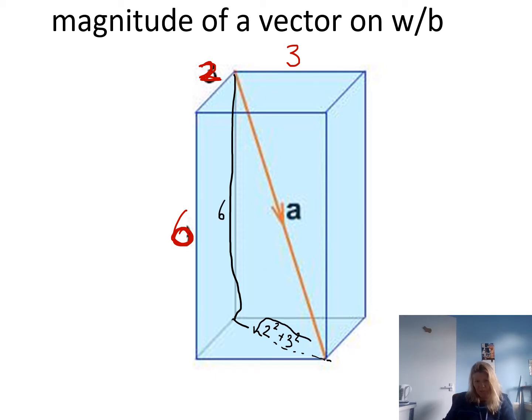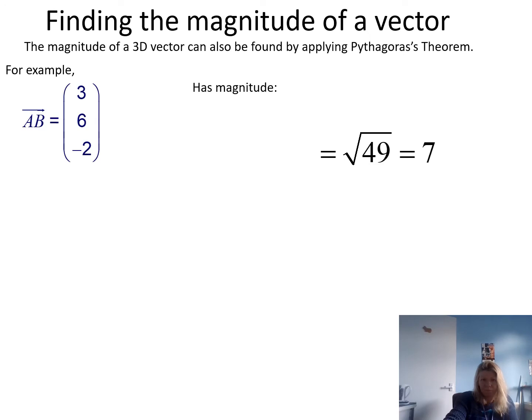Because that's a right angle there, when you're trying to find this vector here, what you end up doing is 6 squared plus 2 squared plus 3 squared, and then you square root the whole thing. So that's why we can use that formula we just saw. Just square and square root. You don't need to draw the picture every time. You just pop the numbers into the formula and out comes 7 in that case.